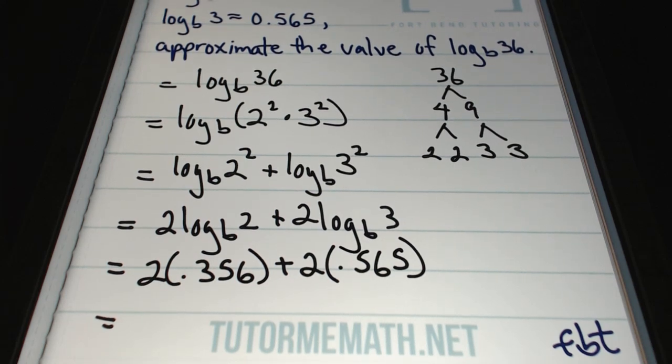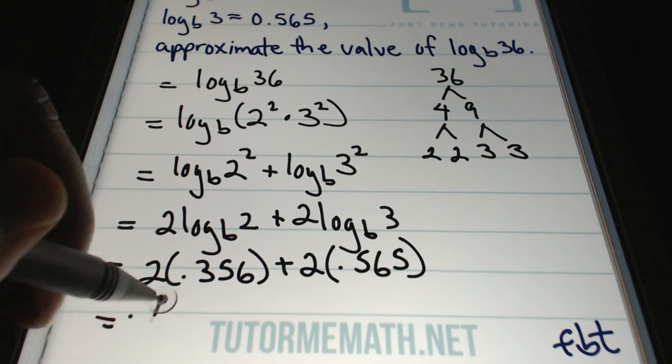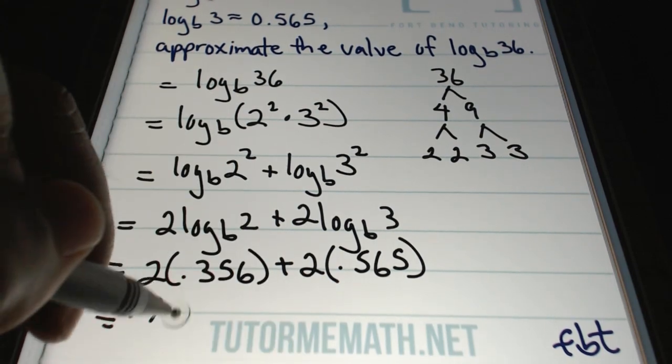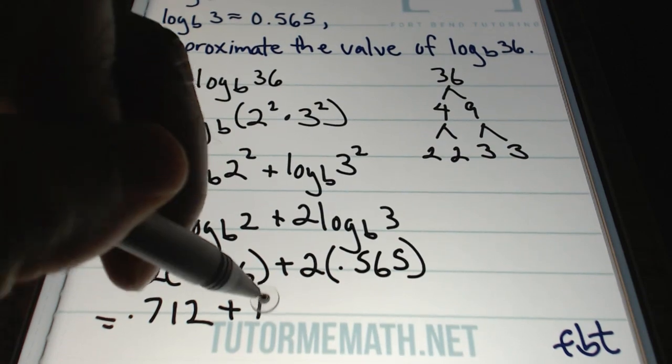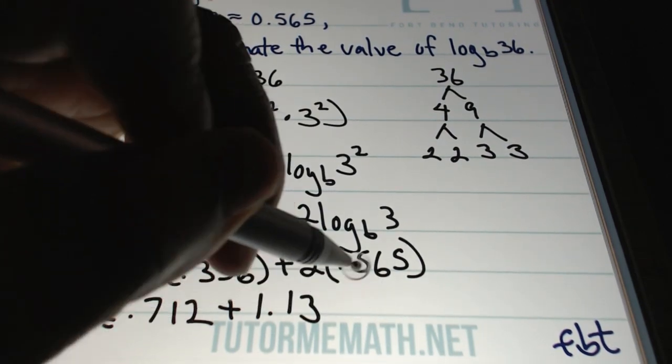So when you start by multiplying that 2 times the 356 thousandths, you'll end up with 712 thousandths. Then multiplying the 2 times the 565 thousandths, you'll end up with 1 and 13 hundredths.